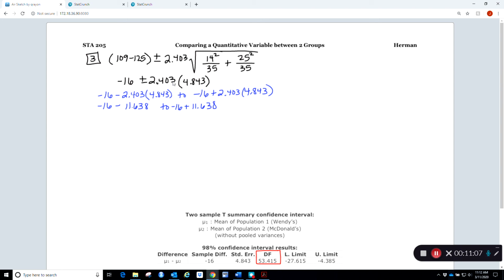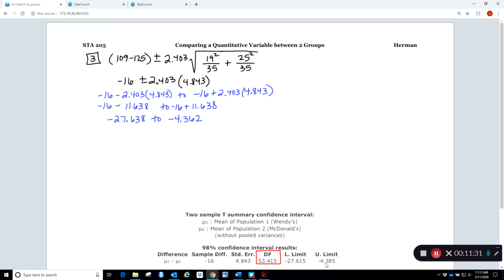And then finally my subtraction and addition. So there's the math done for us utilizing the StatCrunch output to help us. Notice how you also will see numbers similar to that, not exact, as the lower limit and the upper limit.